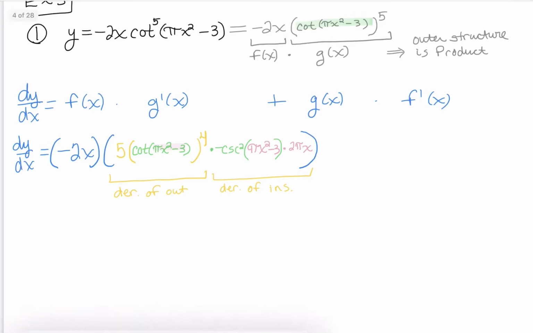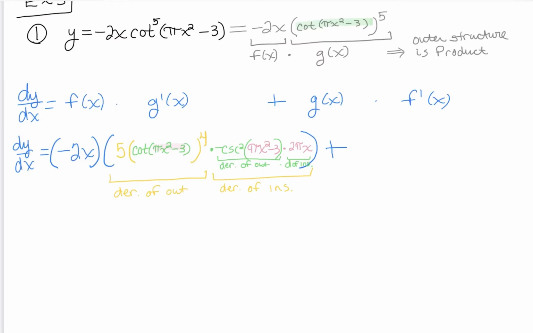And then within that one is its own little chain rule. So this is another form of a derivative of an outside times the derivative of an inside. That's a lot, right? So this is a chain rule within a chain rule within the outermost structure of a product rule, if you can wrap your mind around that.